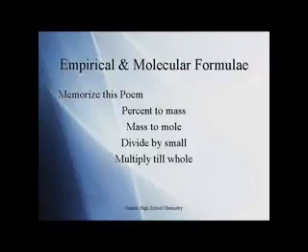If all of those are whole numbers, at that point you can write your empirical formula, but sometimes you'll have a mole ratio of say 2.5 to 1 or 1.67 to 1, and in a case like that you'll need to multiply all of the mole values in the empirical formula by a number that converts the one that is a fraction to a whole number, and you'll see that as we go on here.